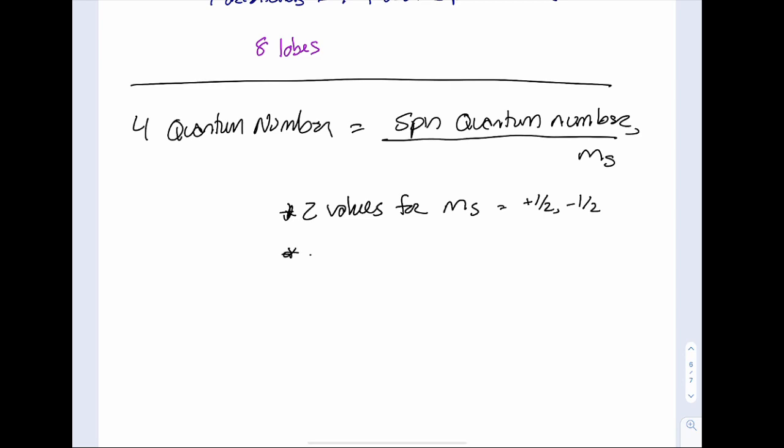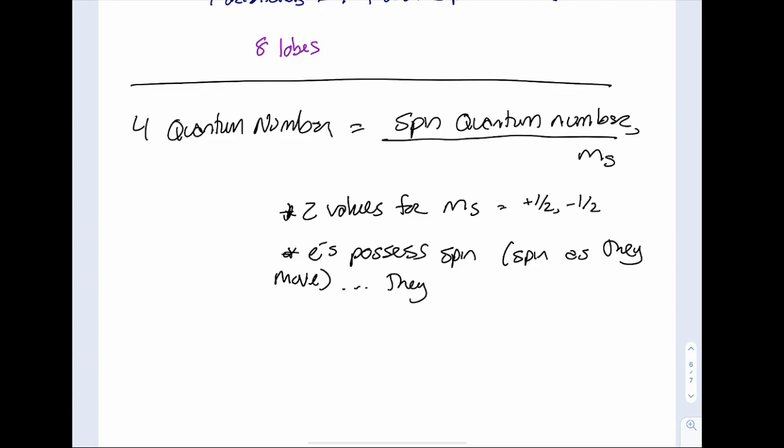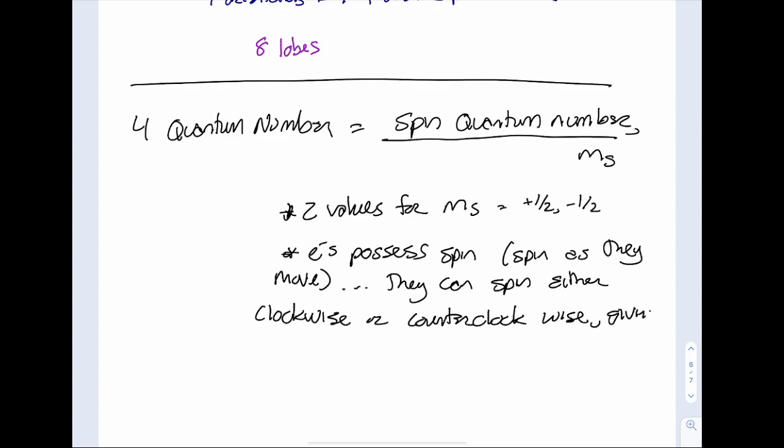So essentially, electrons spin. We actually can say, if we want to sound fancy, electrons possess spin. Basically, they spin as they move. And they can spin either clockwise or counterclockwise, giving 2 values for m sub s.